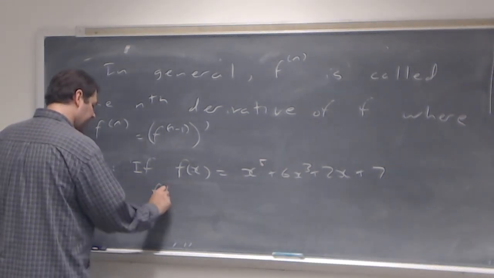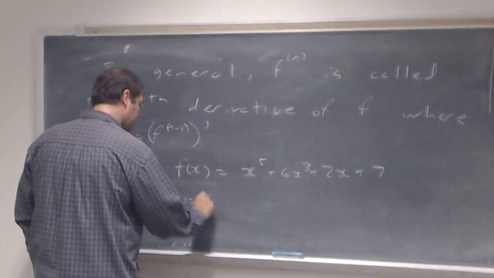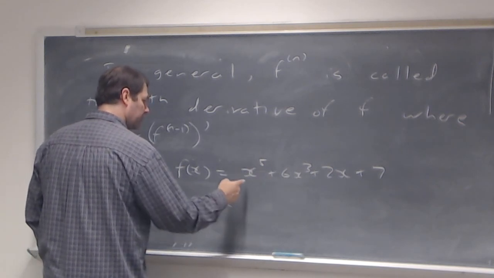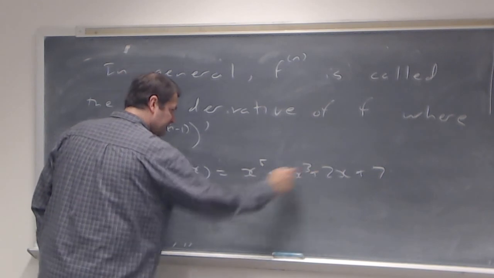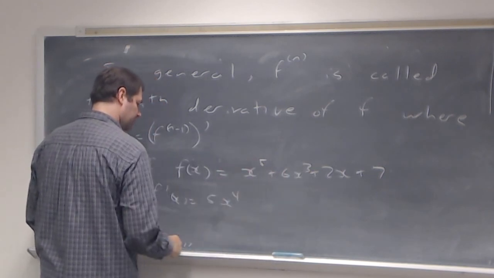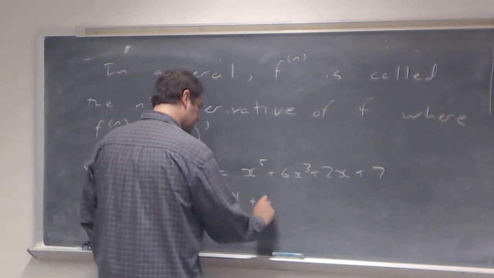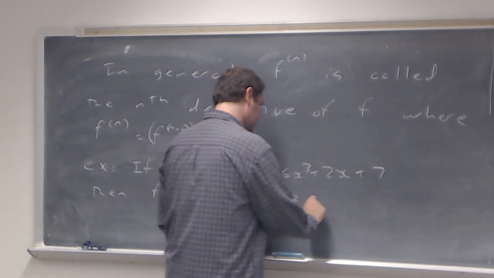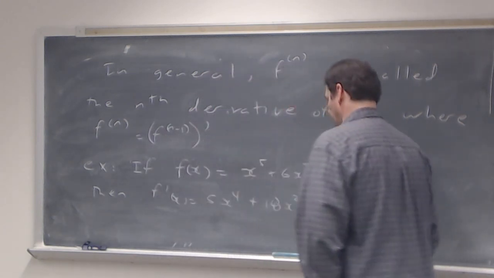The first derivative is going to be equal to 5x to the fourth. So this is using, if you will, the sum rule, where I take the derivative of each term here. Here I'm using the power rule, where I bring down the power x to 1 less power, plus 18x squared plus 2, and this will be plus 0.